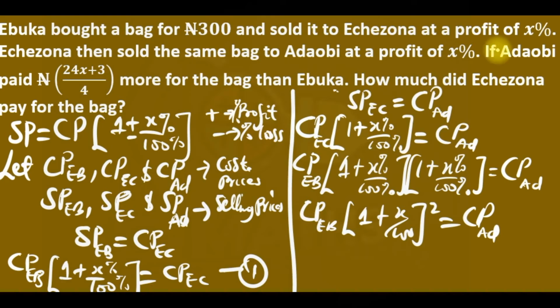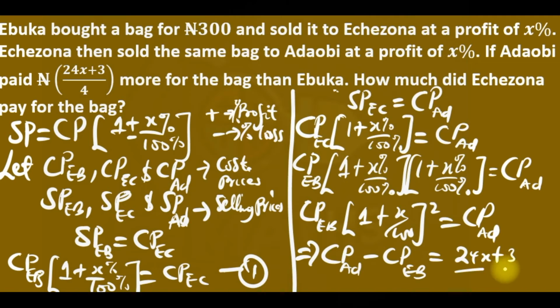Here they told us that Adobe paid this much more than Ebuka, which implies that the cost price of Adobe minus the cost price of Ebuka gives us (24x + 3)/4. So that's how we generated this equation.